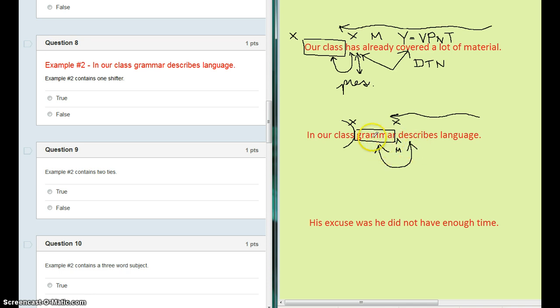If I said two grammars, then I'd say describe. And describe also ties with the present. So this, I can see, is the S form of the verb.